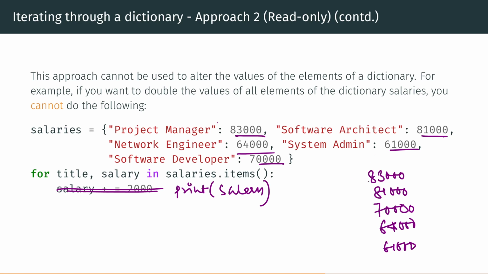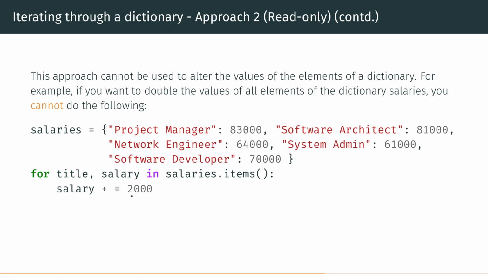So if you were to print the salary, it would be fine. But if you try to do salary plus equals 2,000, all it will do is change this temporary variable right here. That change will not be propagated to the actual dictionary unless you do this.